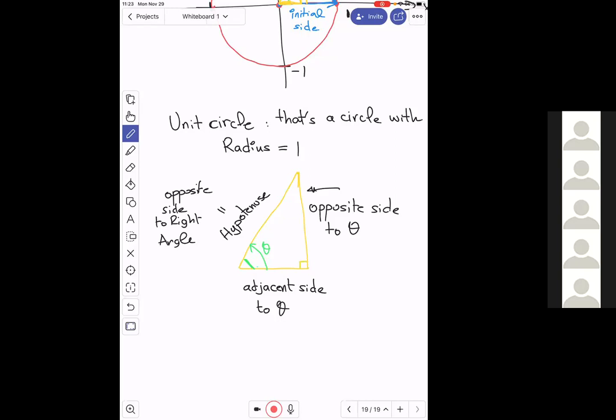Now, in the right triangle, as you know, there is the Pythagorean theorem.